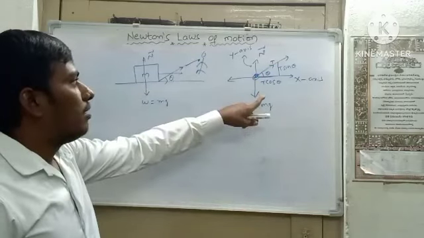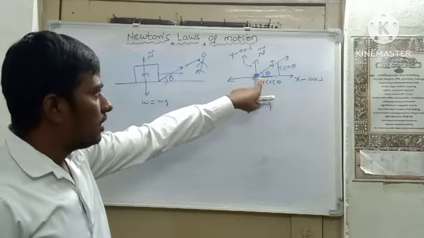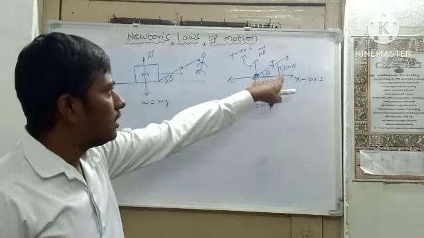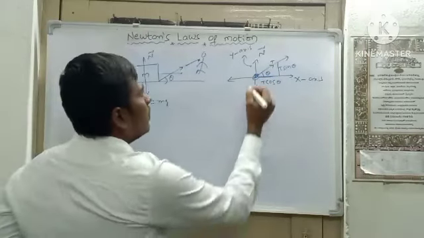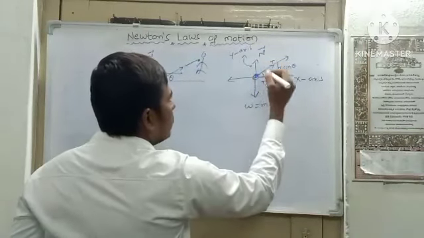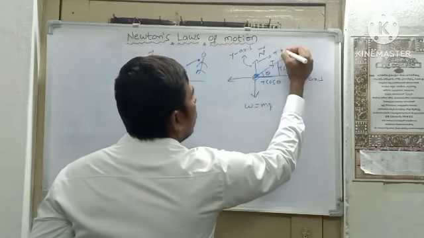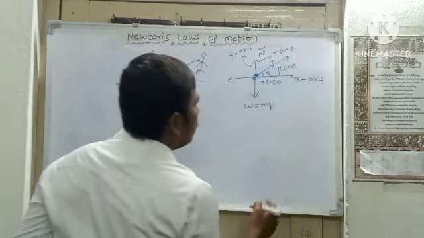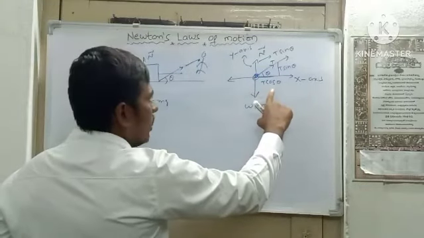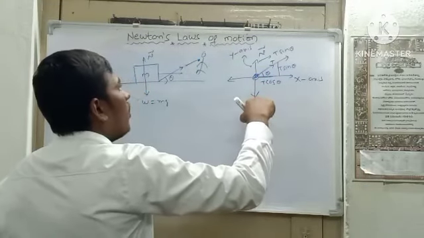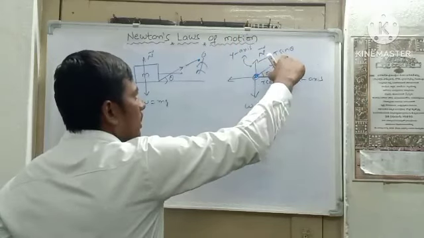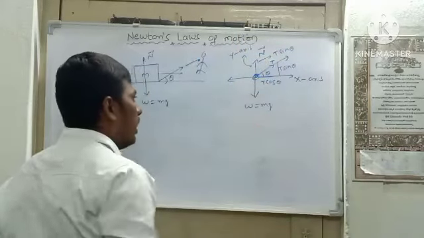According to trigonometry, this length is T cos theta, this length is T sin theta. So along the x-axis T cos theta, and along the y-axis T sin theta.